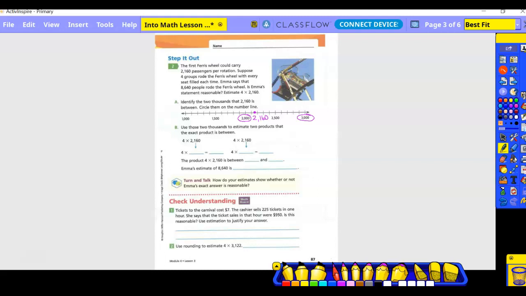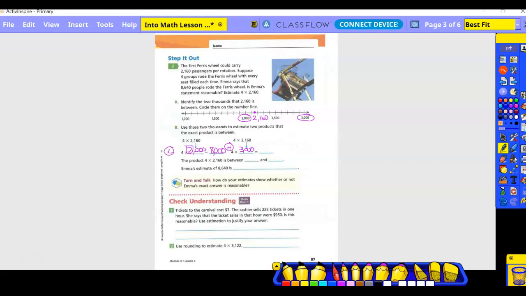So this one is going to be our low, and this one is going to be our high. They already put the 4 in there for us. Our low one is 2,000 and our high one is 3,000. So put our number in a box. 4 times 2 is 8, and put 3 zeros.